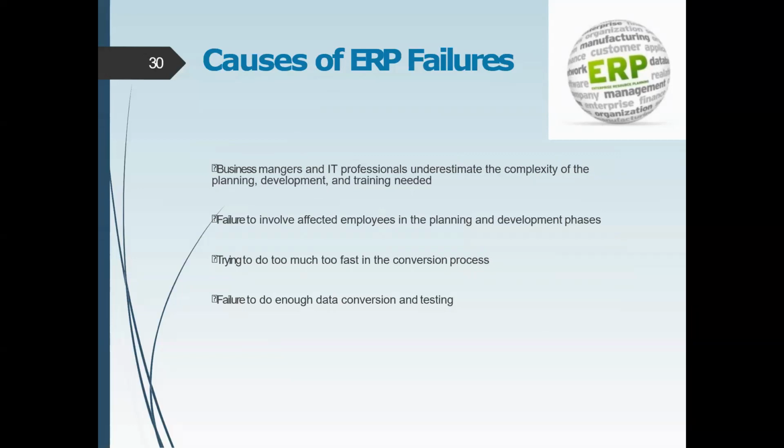Trying to do too much too fast, and conversion of the processes, that is, you might miss some important data going from manual to digital and integrating it with a whole database, might also be main factors of failure. Failure to do enough data conversion and testing, of course.